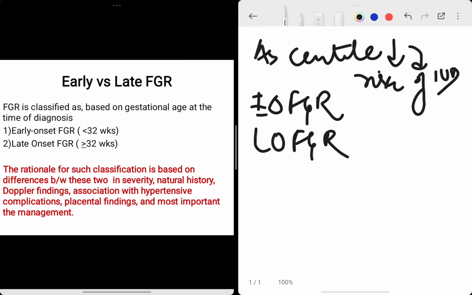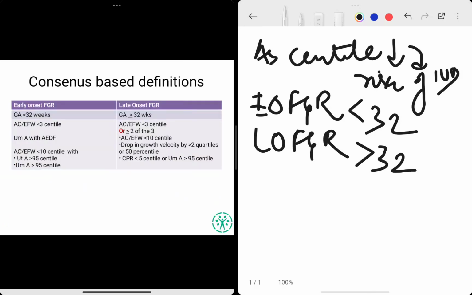If the onset of fetal growth restriction is detected at less than 32 weeks of gestation, this is early onset FGR, and late onset FGR means when the growth restriction is detected after 32 weeks of pregnancy. The rationale for such classification is based on the differences between these two in severity, natural history, Doppler findings, association with hypertensive complications, placental findings, and most importantly the management also differs.